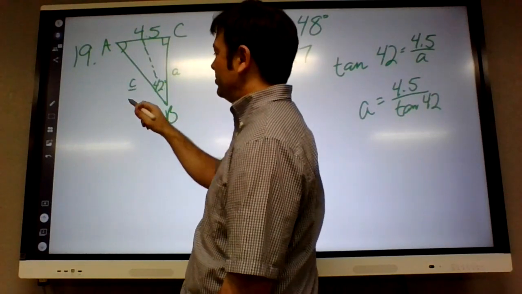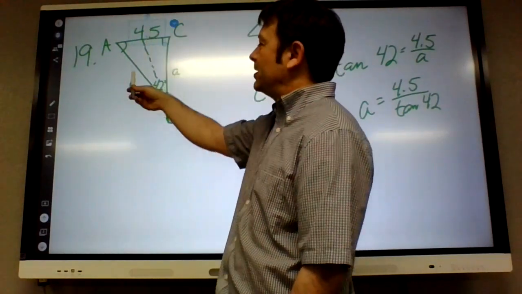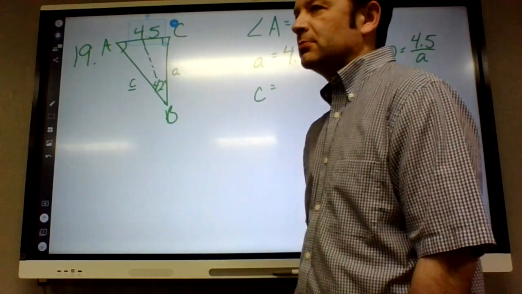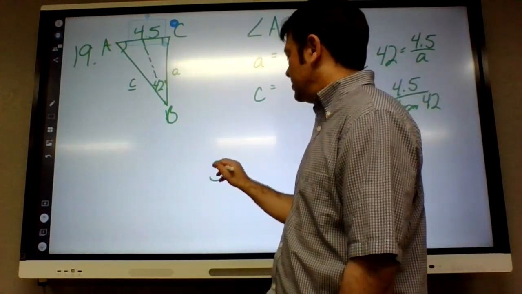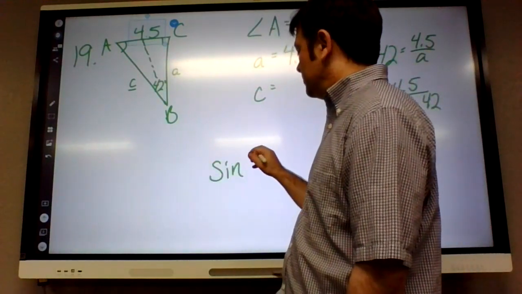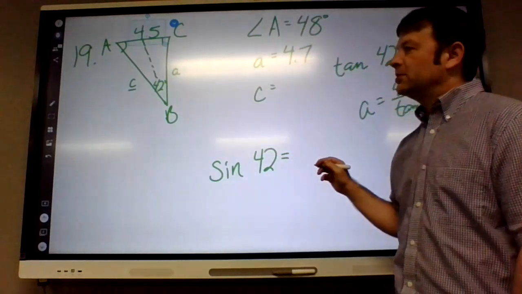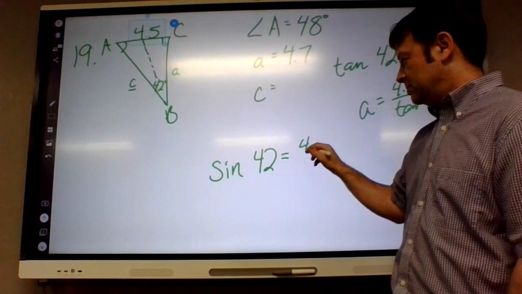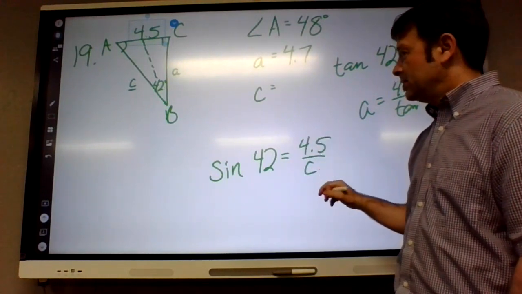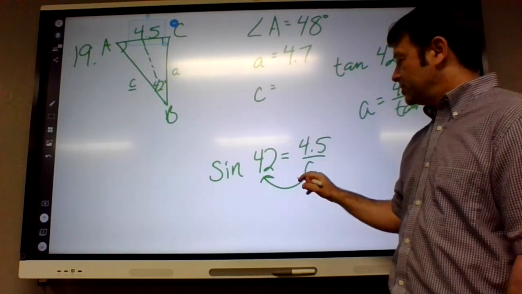Which trig function does opposite and hypotenuse? Sine. Sine of 42, and then 4.5 over x.